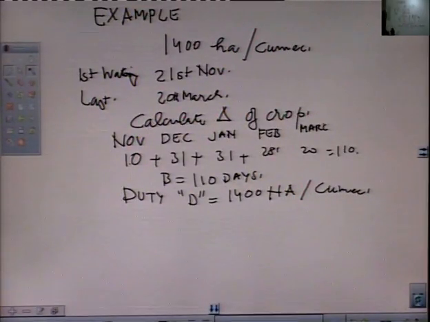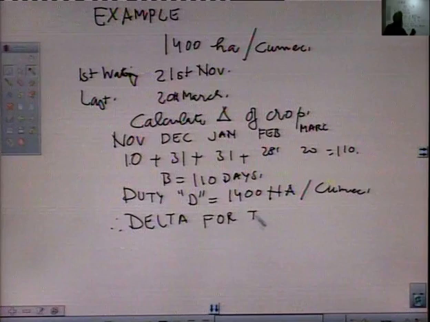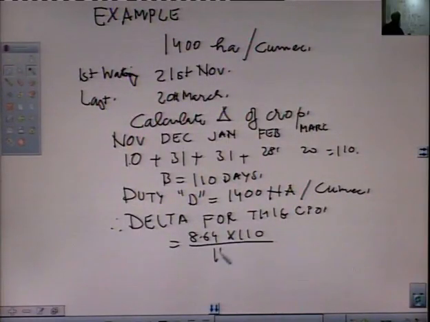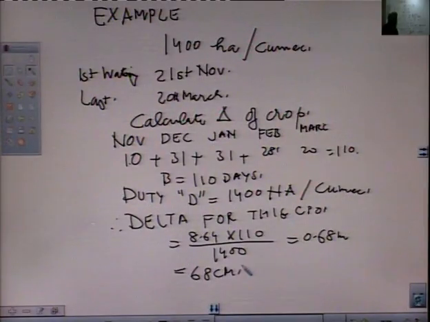Then delta for this crop should be equal to 8.64 multiplied by 110 upon 1400, which is 0.68. Delta is always in centimeter or meter. So, 68 centimeter delta is needed for this crop.